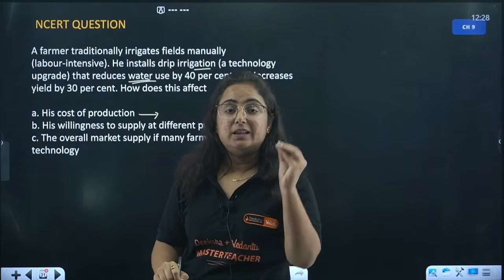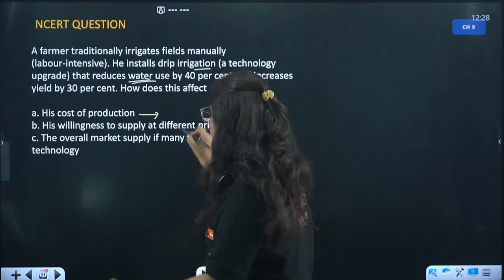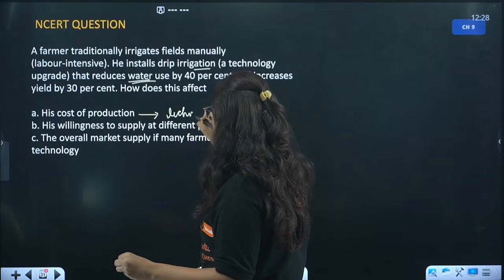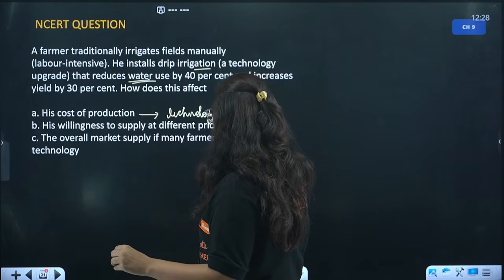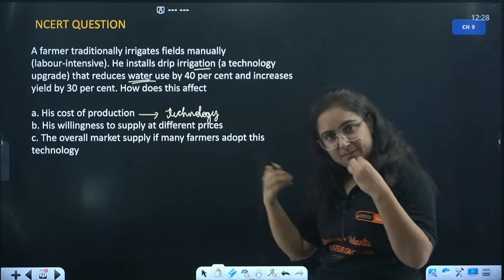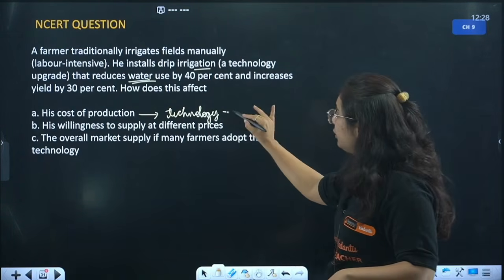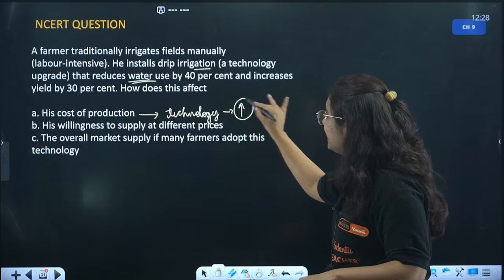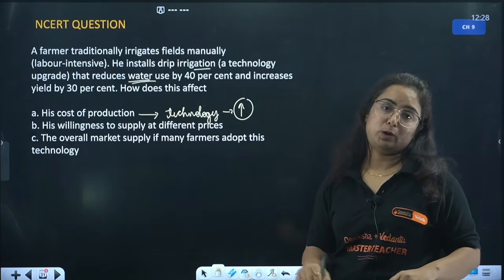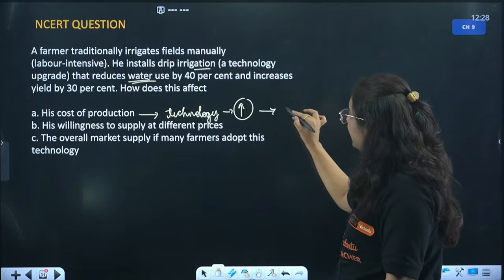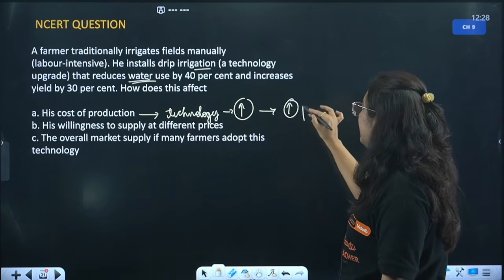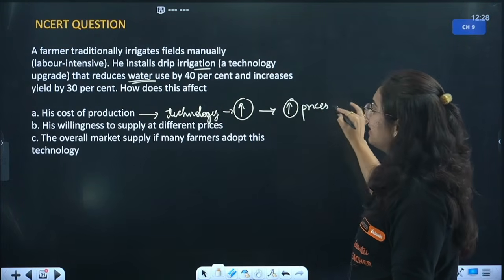Beta, drip irrigation is a new technology, right? Up till now labor was doing it, he himself was doing it. This technology increased the investment cost of production, and hence when the product comes, its price will also be increased. Yes, this is the relation.